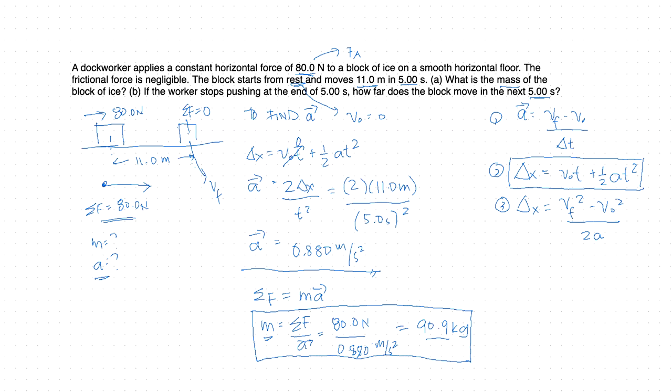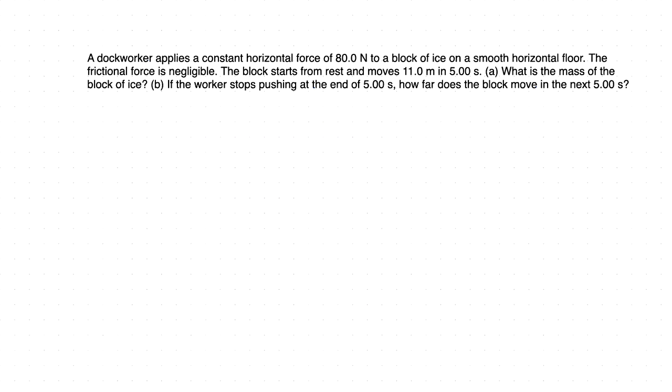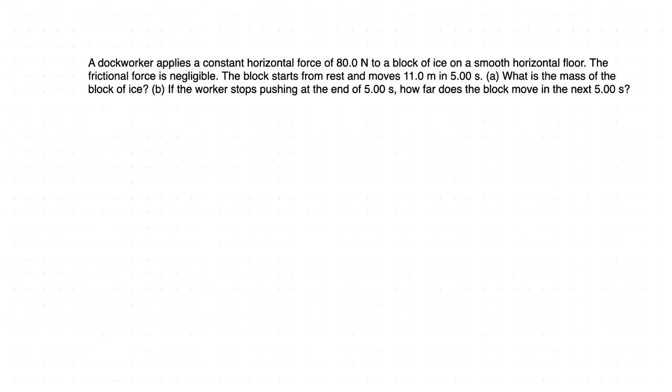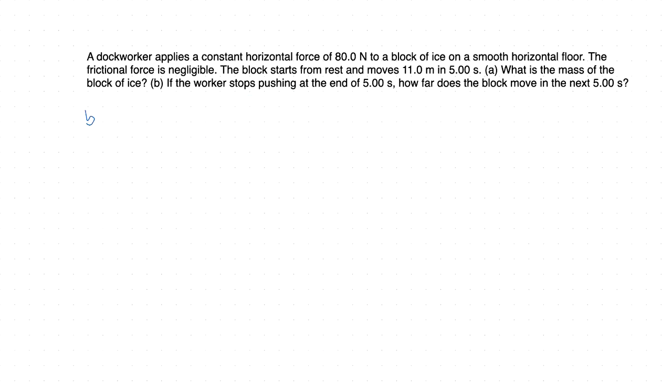So sagutan natin dito sa next page. So to find dito sa letter B, dun sa second part, its time is equals to 6 seconds to 10 seconds. So we need to find first the velocity at 5 seconds.